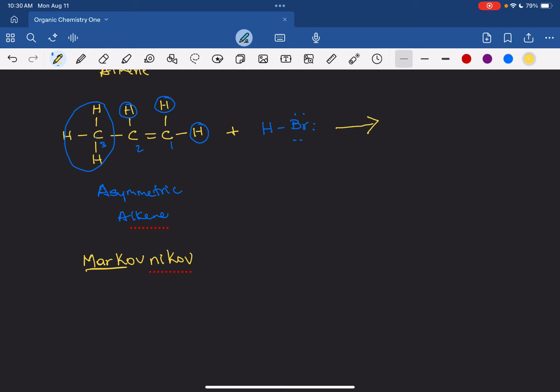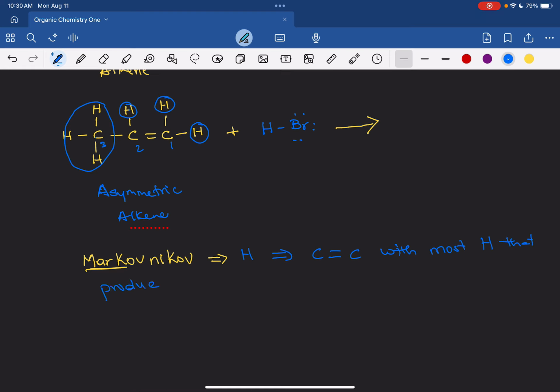Mark did some work and realized that if he adds the hydrogen of our hydrogen bromide to the carbon of the carbon-carbon double bond with the most hydrogens, that's the product that he observed, right? So we're going to follow Markovnikov's rule.